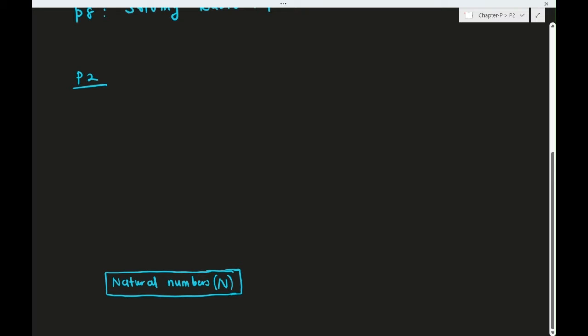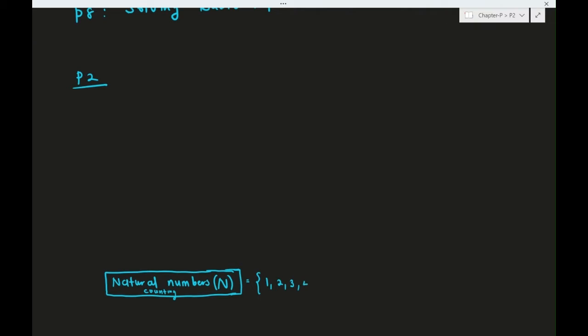And another name for these natural numbers is counting numbers. So you can put it inside here. Let's say just counting numbers. Basically, this starts from the set of the numbers 1, 2, 3, 4 continuously. So they are used for counting.